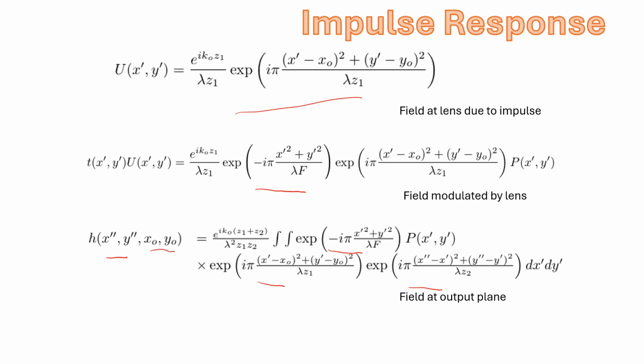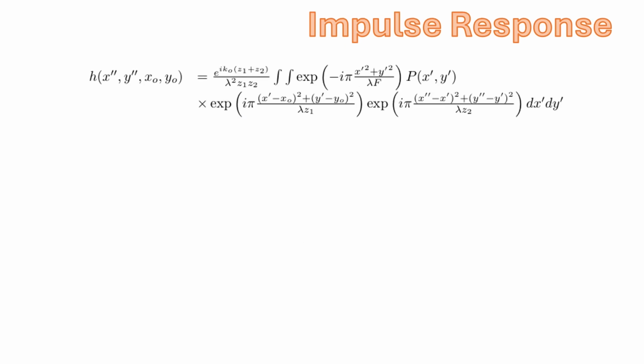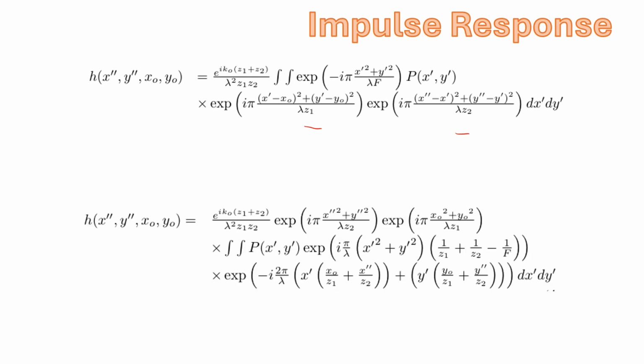A little bit complicated. Let's see if we can simplify it. So here's this distribution again between the input points x naught, y naught, and the output points x double prime, y double prime. We can expand the quadratic terms in these exponentials and see if we can simplify a little bit. If we do that, we get this form, where the quadratic terms over x double prime and x naught, y naught, we can remove from the integral since we're integrating just over x prime and y prime.